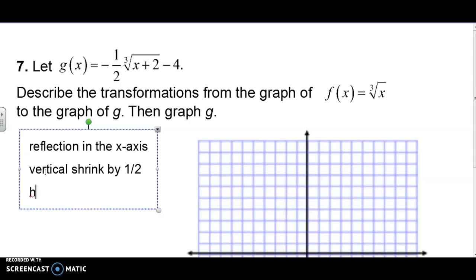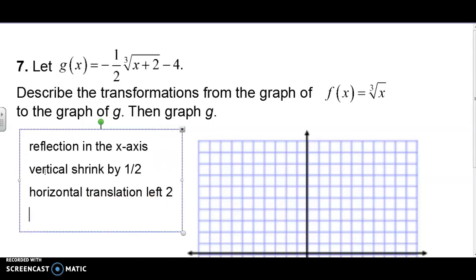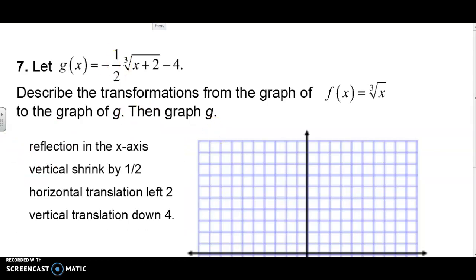We're adding 2 on the inside, so that is a horizontal translation left 2. And we are subtracting 4 on the outside, so that is a vertical translation down 4. Alright, so those are our transformations.